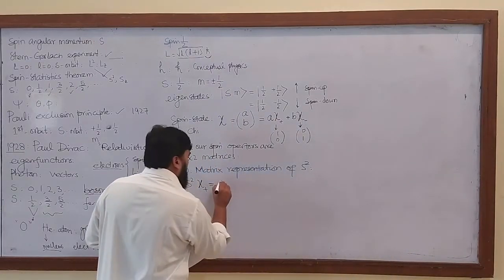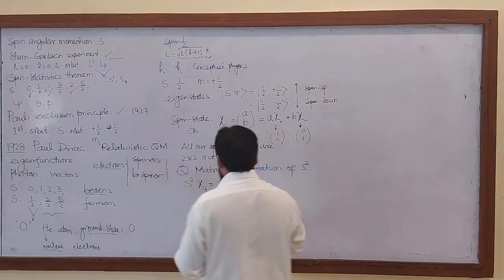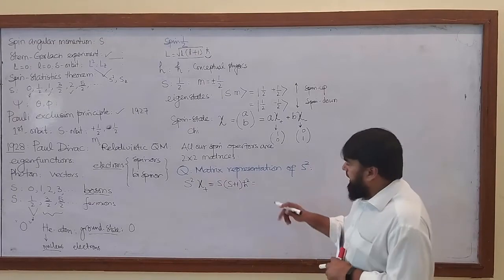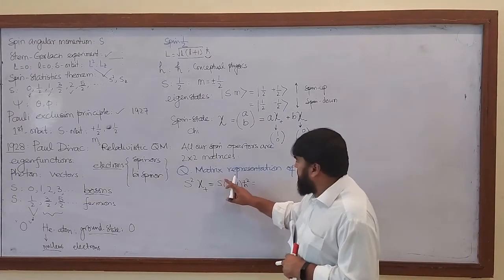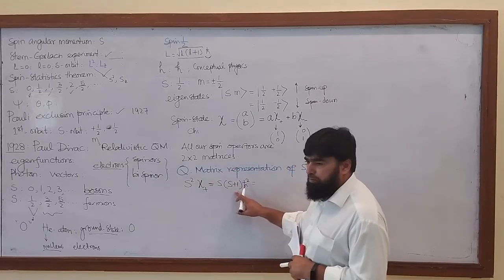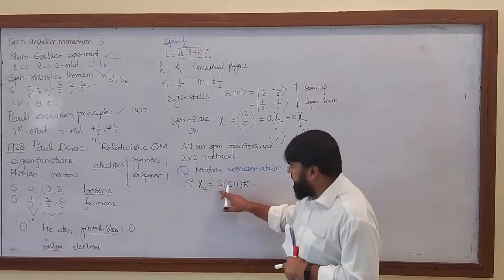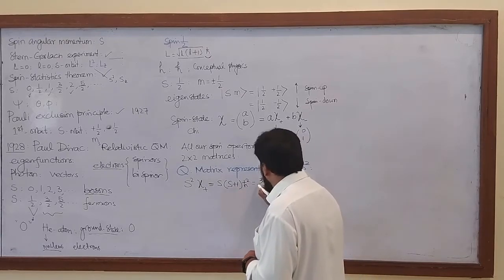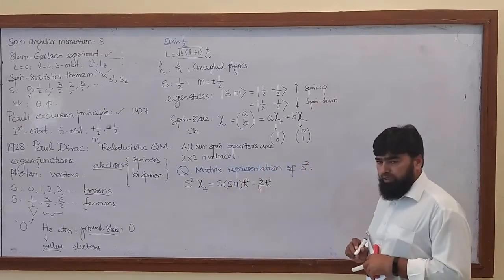So this will be S into S plus 1 h bar square, and this is equal to, S is our spin half case only, so half into half plus 1. Half plus 1 will become 3 by 2. 3 by 2 into 1 by 2 is 3 by 4. This is 3 by 4 h bar square.